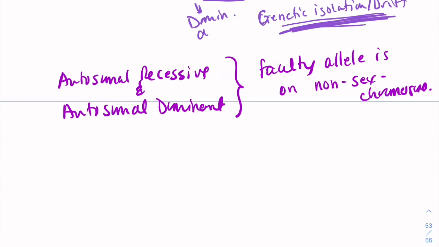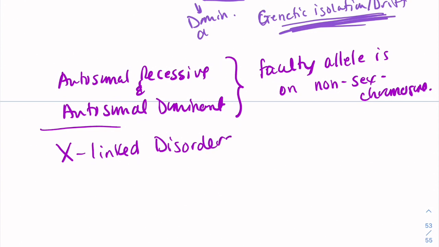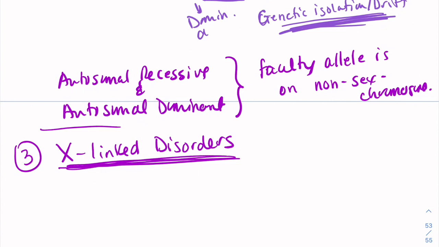But sometimes the faulty allele is on a sex chromosome, and we actually call those X-linked disorders. So this is our third one that we're going to be looking at, X-linked disorders.